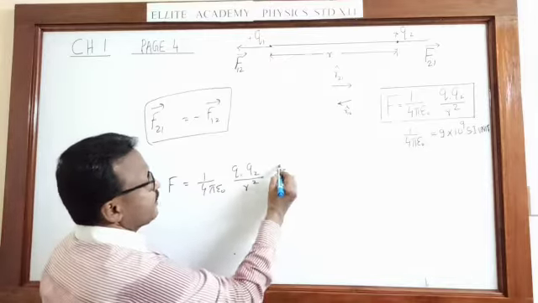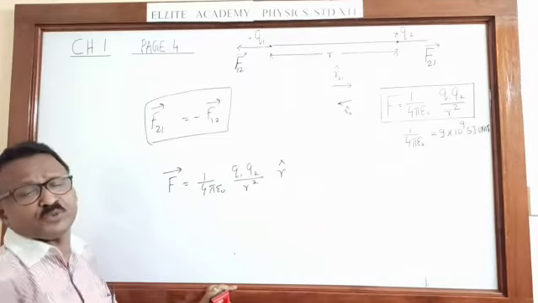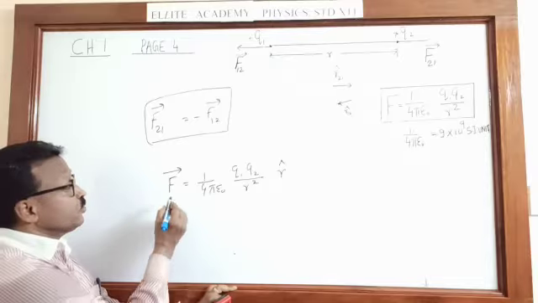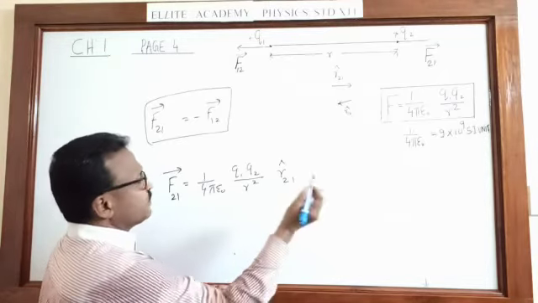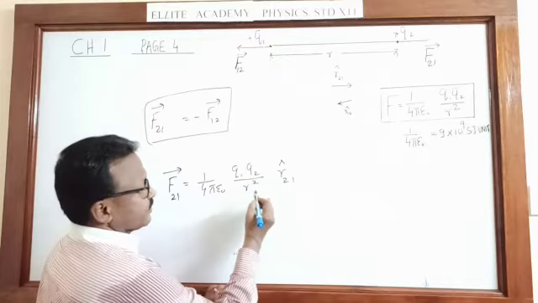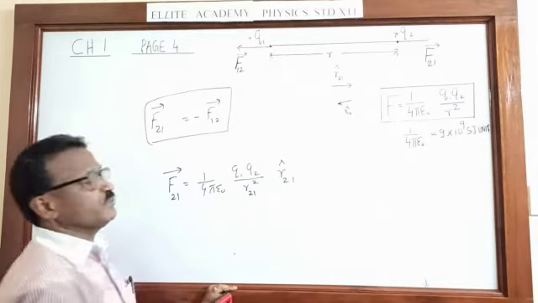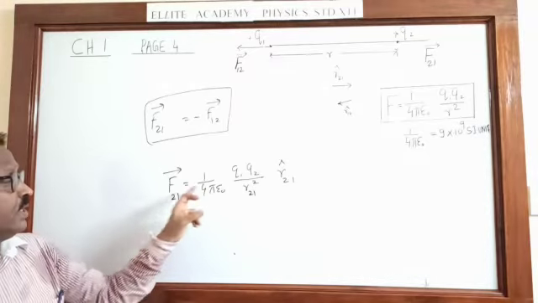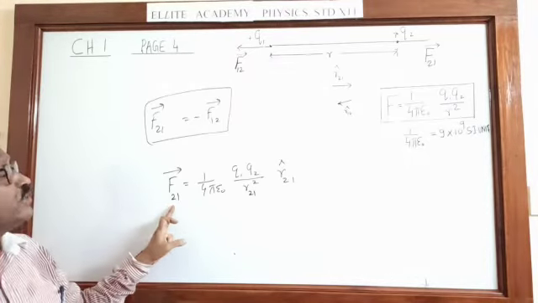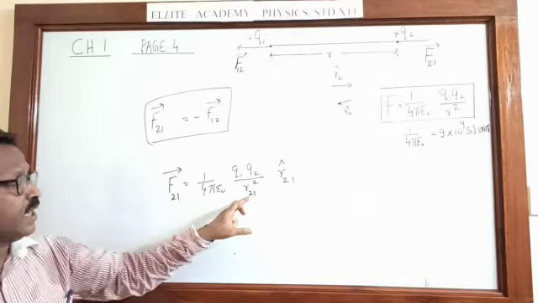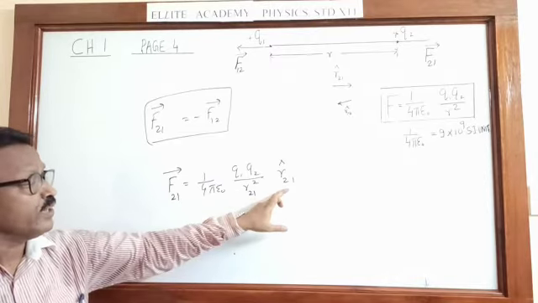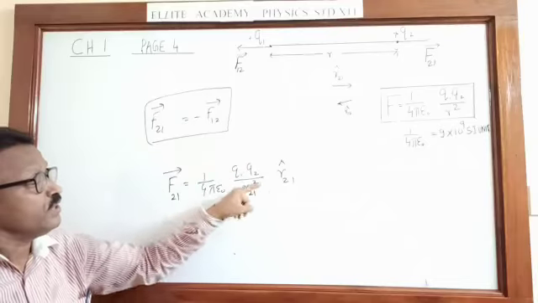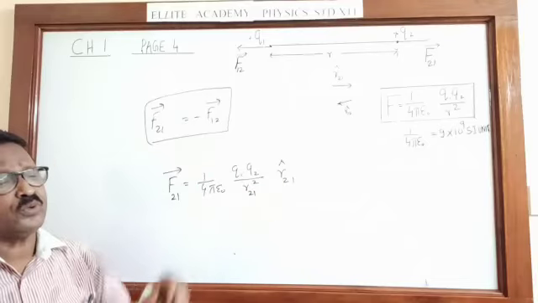I must multiply by R cap, so this becomes a force. If I want 21, I write F21. This will be R21. Just to avoid confusion, this also we write R21. So what is F21? Force in vector form. What is R21? Distance between 2 and 1 or 1 and 2. What is R21 cap? Unit vector pointing to charge Q2 from Q1.